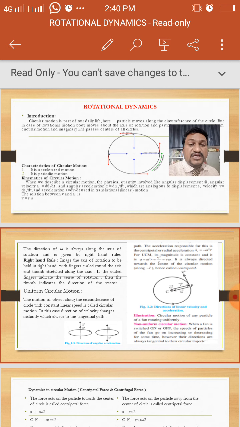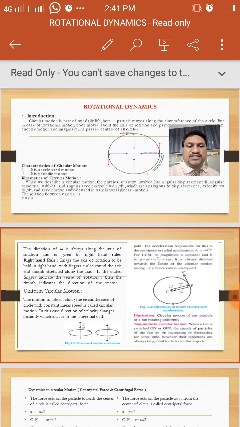Another name is radial acceleration. Why is it called radial acceleration? Because the acceleration is directed along the radius. So circular motion is an accelerated motion because the particle has acceleration in circular motion.